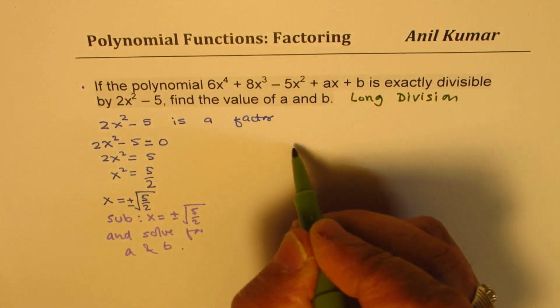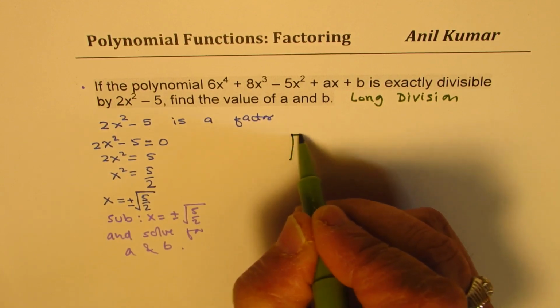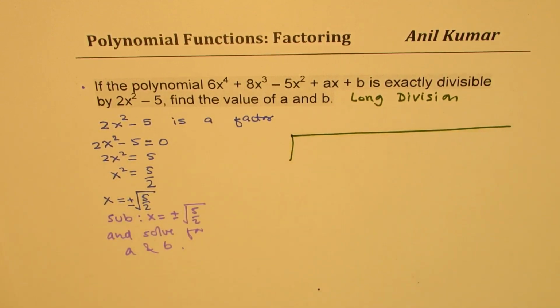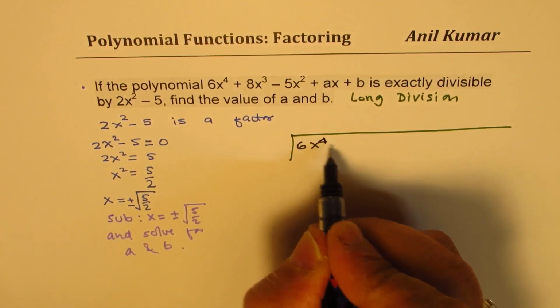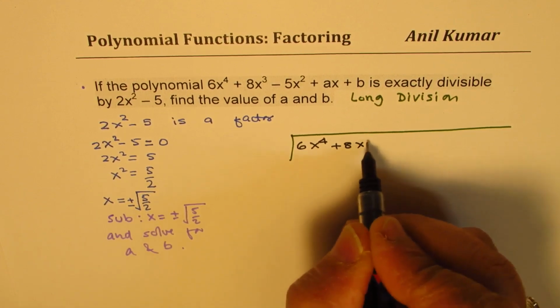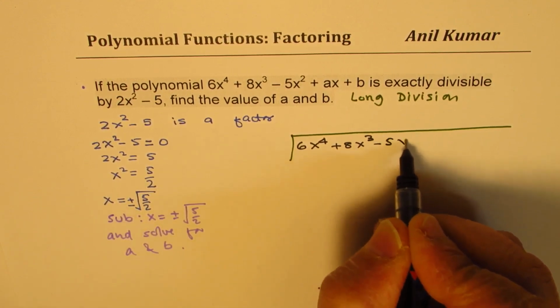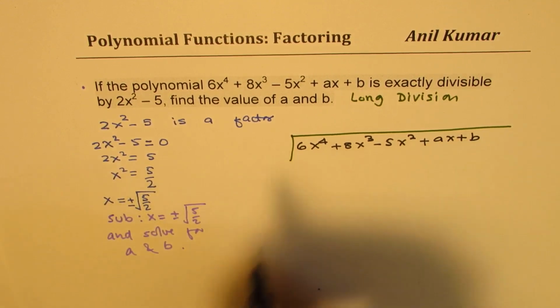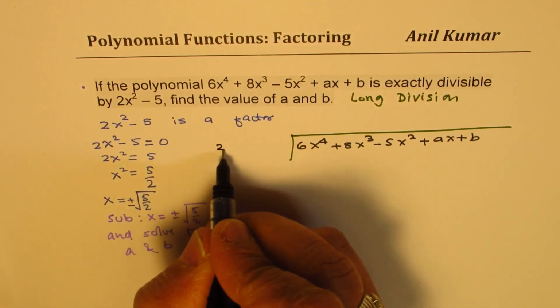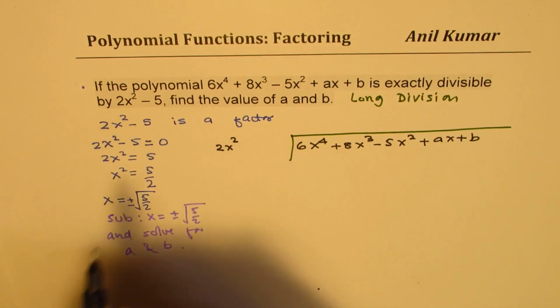Right? So we'll divide the polynomial given to us by the given factor. So the polynomial given to us is 6x to the power of 4 plus 8x cubed minus 5x squared plus ax plus b. Right? We need to divide this by 2x squared minus 5.